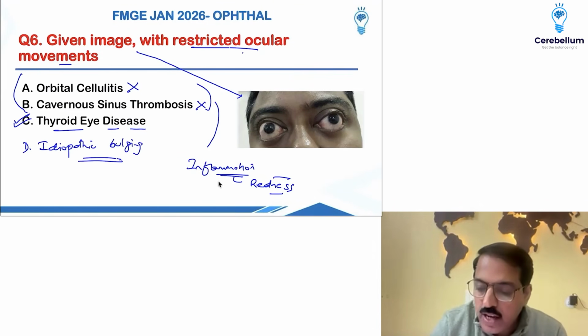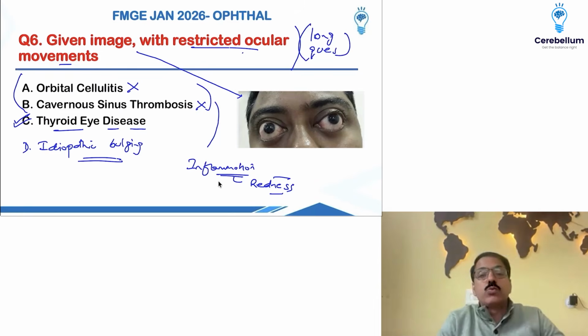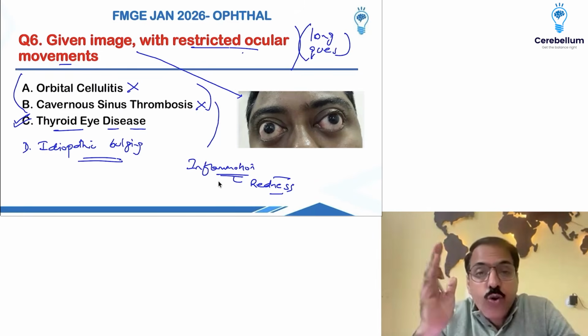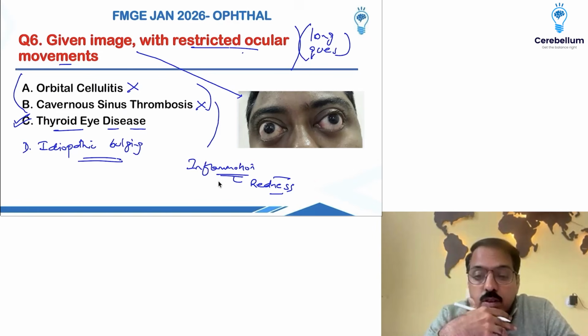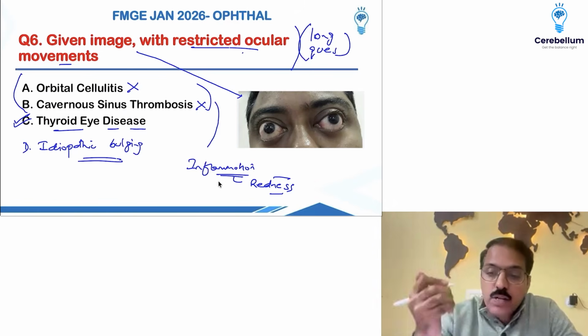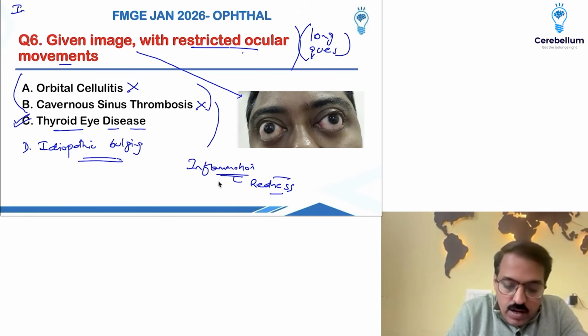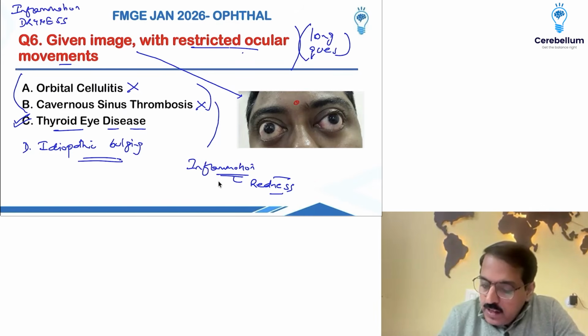Here also what I have gathered is that it was a long question, which you are unable to recall. Many of the students are saying, sir, questions were 4 line, 5 line long. Inflammation, dryness was given. One student was saying the patient had a bindi.